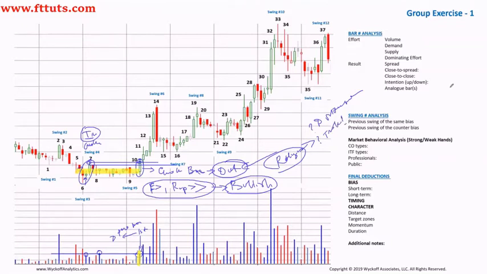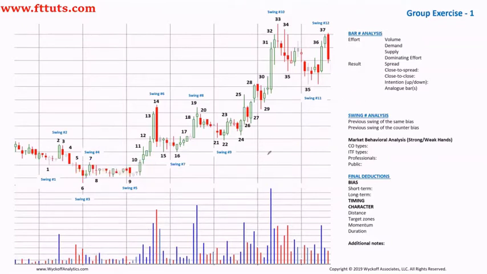So Rick, what do you think? Let's talk about a distance, let's talk about a potential character, and let's talk about how we would trade this. How would we define a distance from the volume and price? Any suggestions?